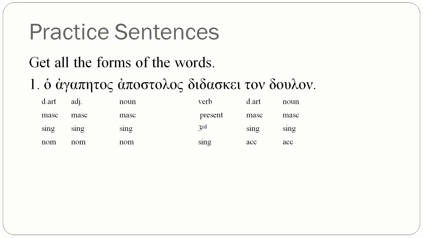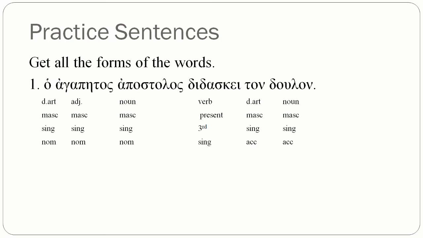It's not added onto the end. Therefore, this is a present tense verb, as we learned in chapter 3. The ending there, epsilon iota, is third person singular. And ton is a definite article. It is masculine singular accusative, and doulon is a second declension noun, which is masculine singular accusative as well. So those two, article and noun, go together.